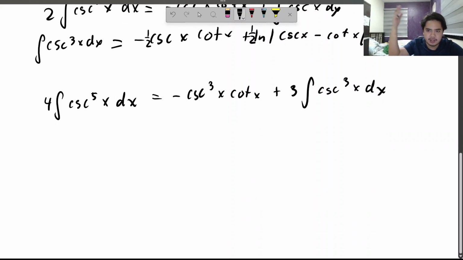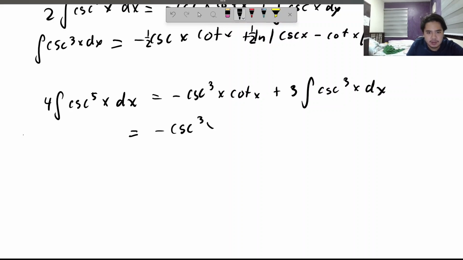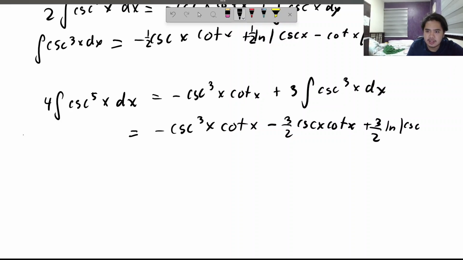So let's put it back. Equals negative cosecant cubed x cotangent x minus 3 times 1/2, 3 over 2 cosecant x cotangent x plus 3 times 1/2 is 3/2 ln of cosecant x minus cotangent x.